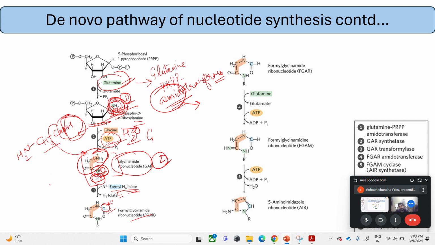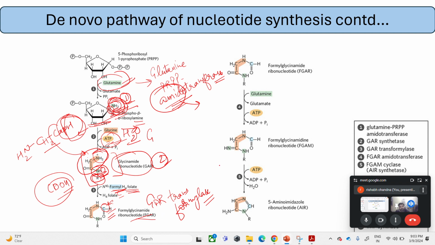The formyl group is a carbon attached here. It is being transferred from the formate to this ring. So here the reaction is GAR transformylase, and the formyl glycinamide ribonucleotide is formed.